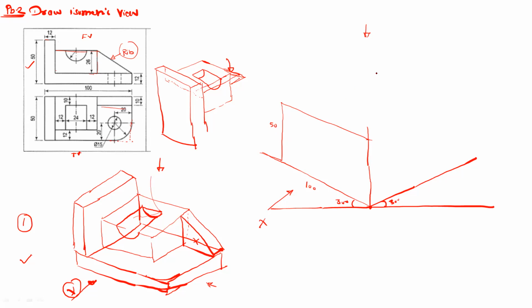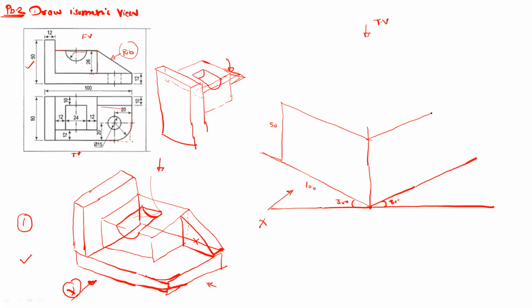Then in the top view, the maximum dimension 100 is common, and its width will be 50 mm. So this 100 mm will remain as it is. In this direction, take the length 50 mm.